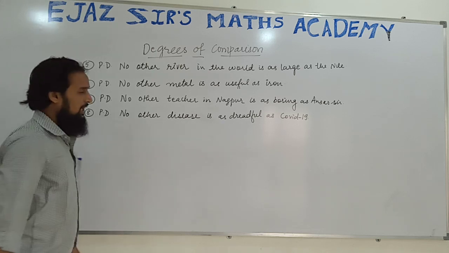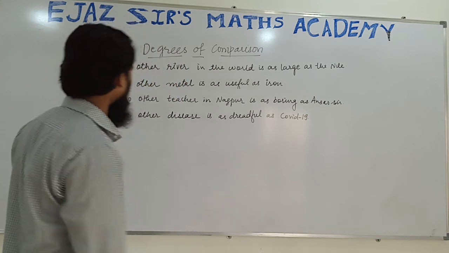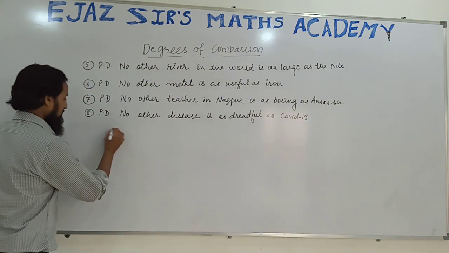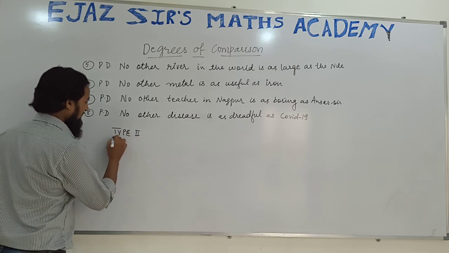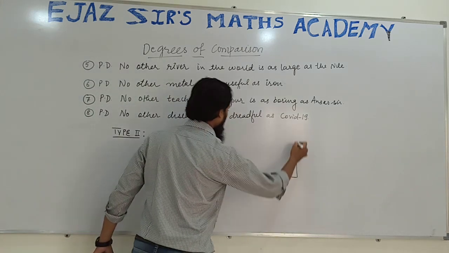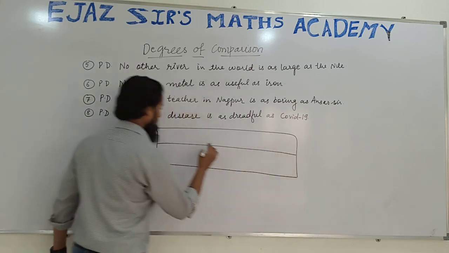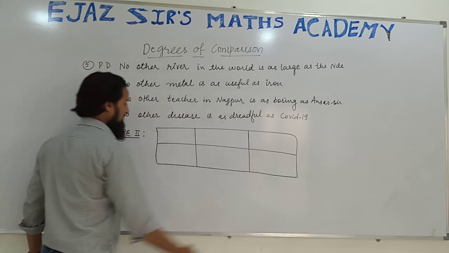I have taught you 4 examples, so you'll solve only 4 examples as your assignment. Let us proceed to type number 2. Type 2. So it's the second type of examples, and here be careful. Many students commit mistakes while solving this second type.